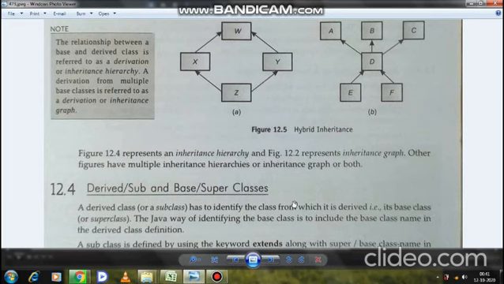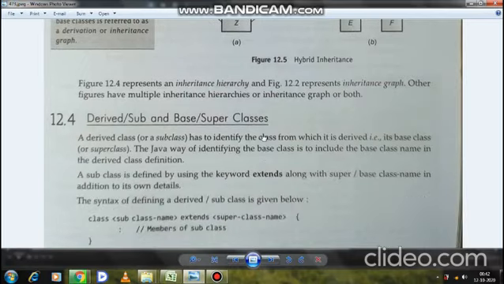Now in programming, how can we implement that? Whenever we write a child class, we need to mention which base class it is derived from. Otherwise, how will the compiler understand? This can be done with the help of the extends keyword.